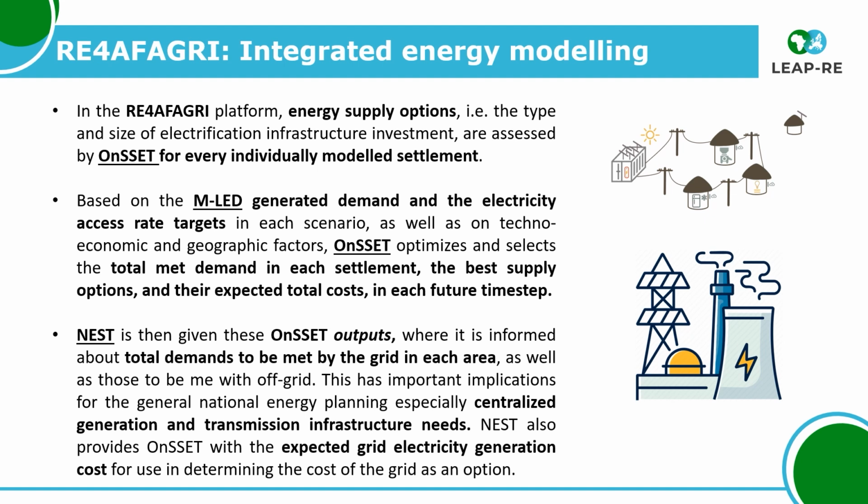OnSSET itself does not include or optimize what specific supply technologies are included on the grid, but it does have the grid as an option. NEST also gives OnSSET how much the grid is expected to cost, which is used to understand how much the electricity should cost in each and every village if the grid should be extended to those areas.